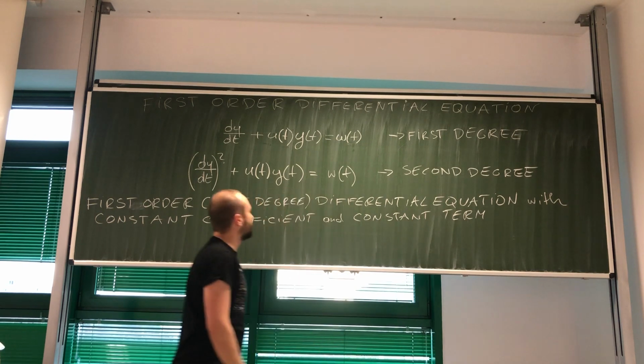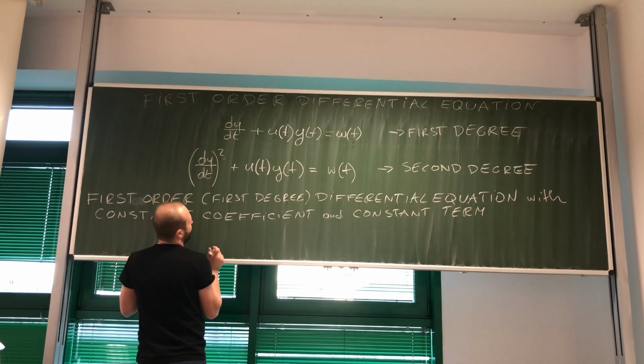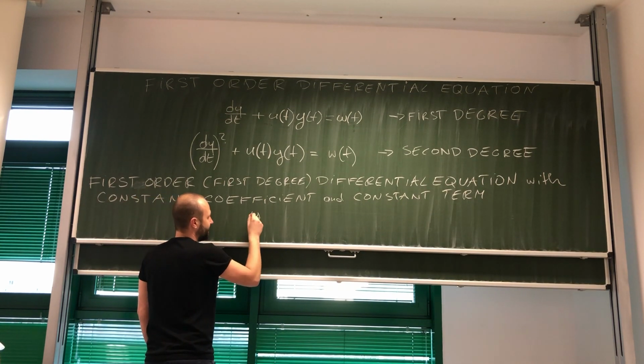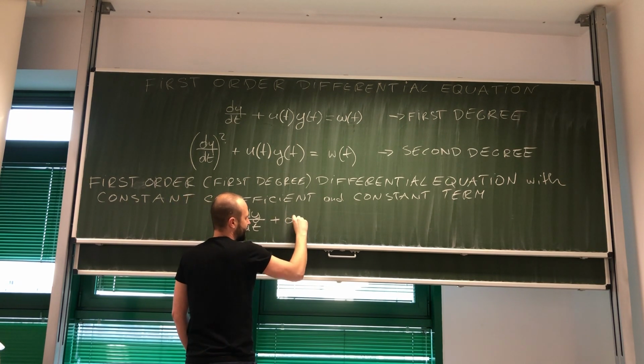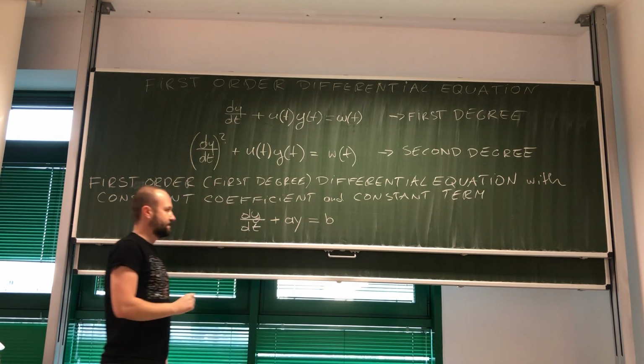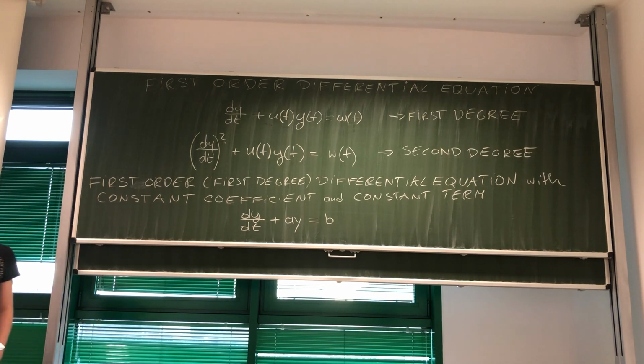So how does an equation like this look? This equation will look like this. We will have dy/dt plus a times y equals b.